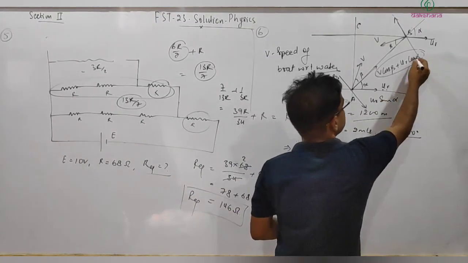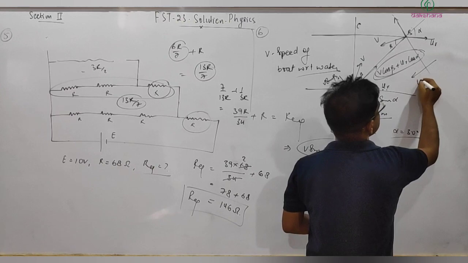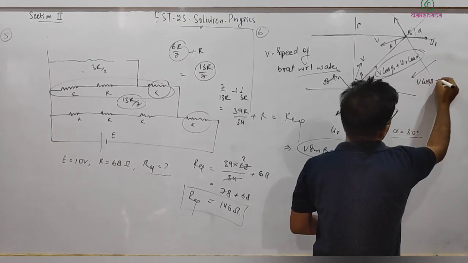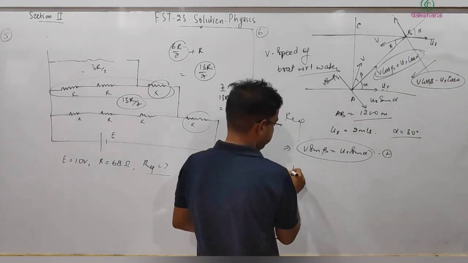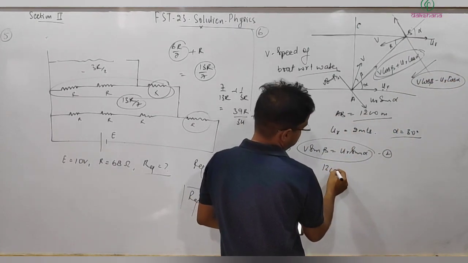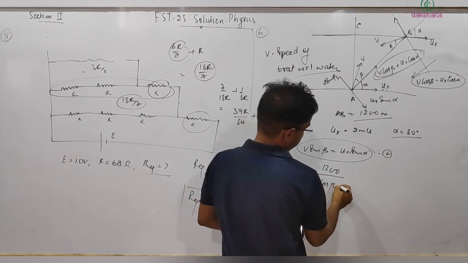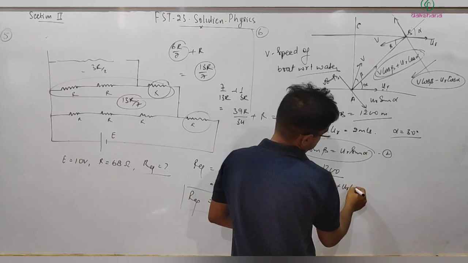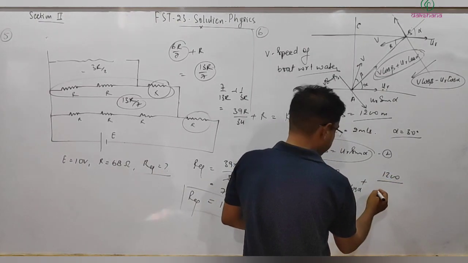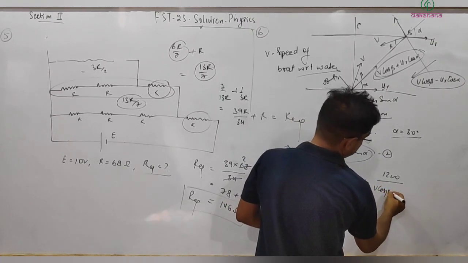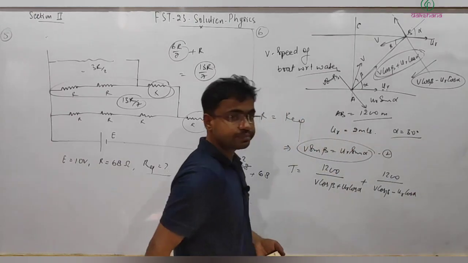Then the initial velocity from A to B is this, and the velocity from B to A will be V cos beta minus UR cos alpha. Then the total time is equal to 1200, the distance, divided by V cos beta plus UR cos alpha, plus 1200 divided by V cos beta minus UR cos alpha.